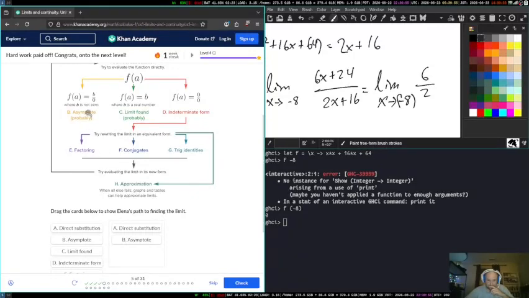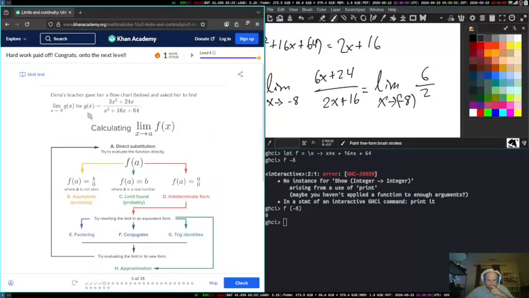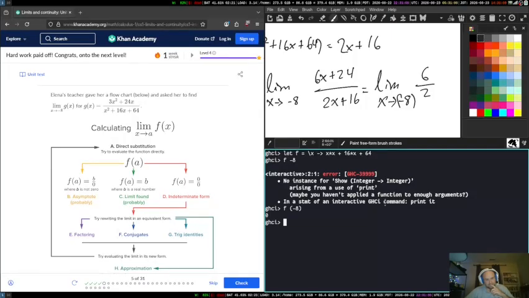Oh, wait. Actually, it's going to be a 0 over 0.